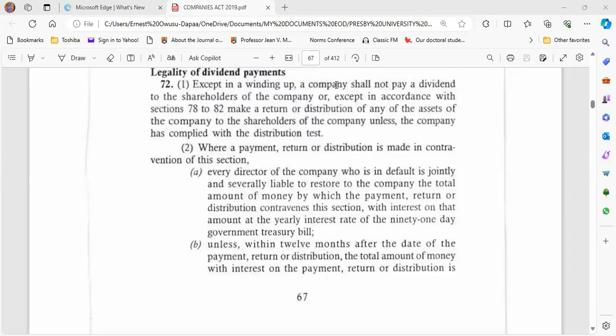And that would also amount to violation of the capital maintenance doctrine. So legality of dividend payment is an aspect of capital maintenance doctrine, as it were.